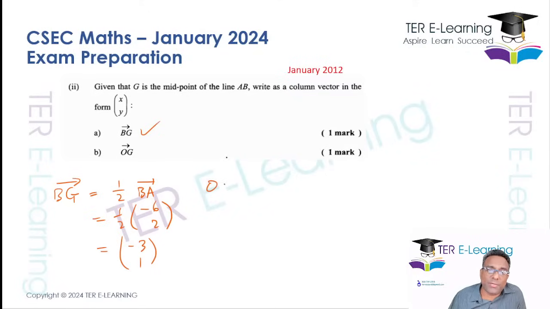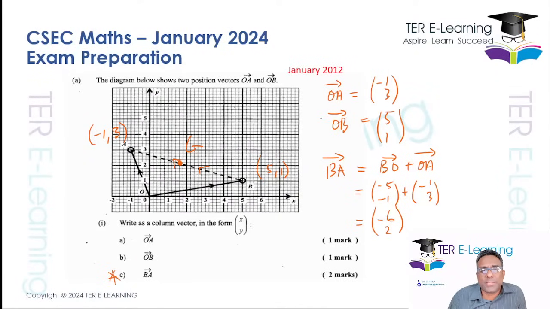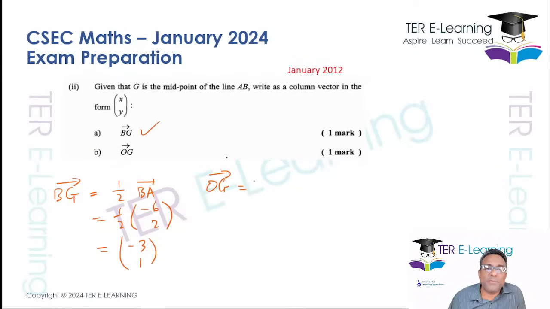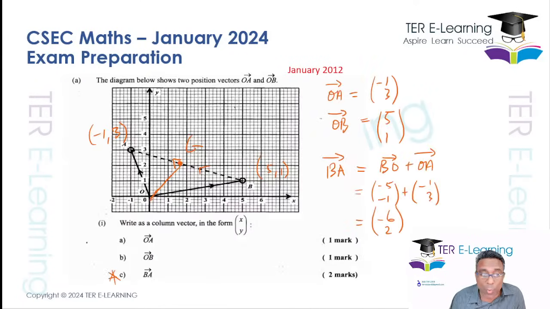Then we want the vector OG now. So that's this vector here. OG is this vector here. So if you want to get OG, OG is going to be OB plus BG. The vector OB, we had worked that out before, that was 5, 1.